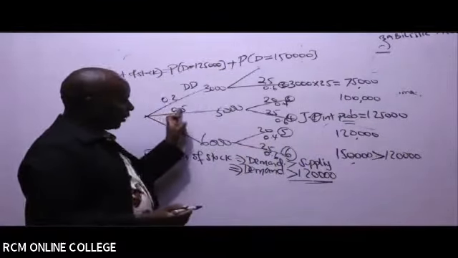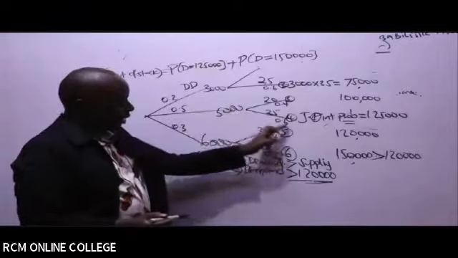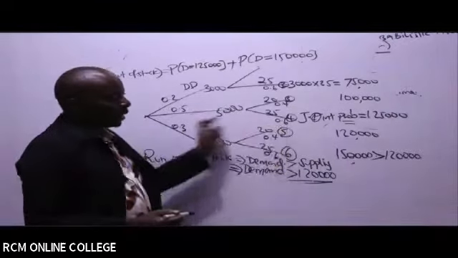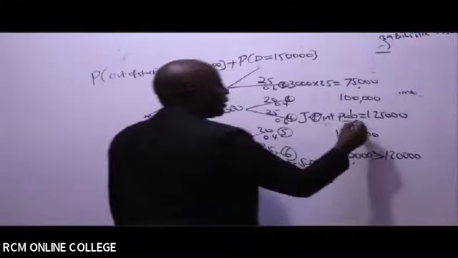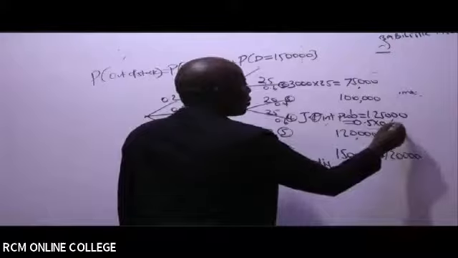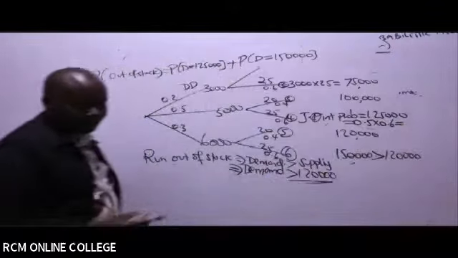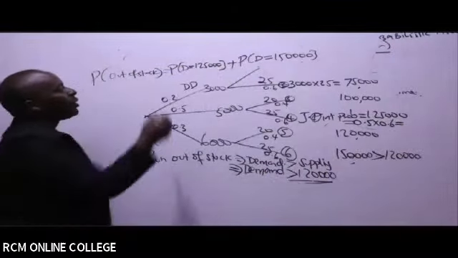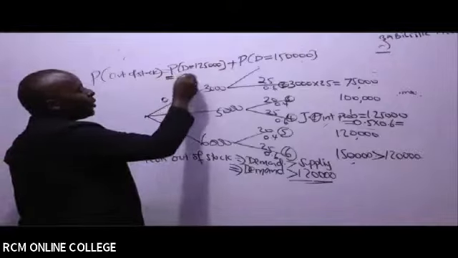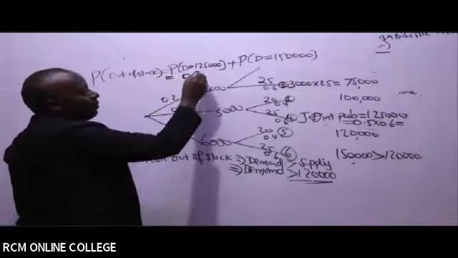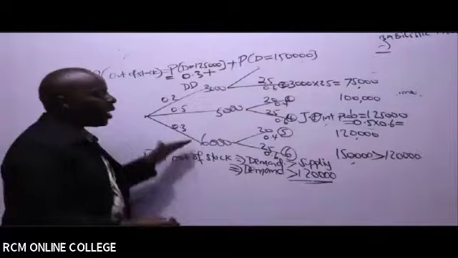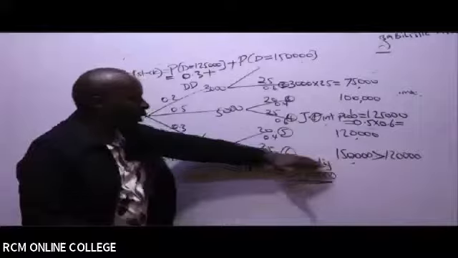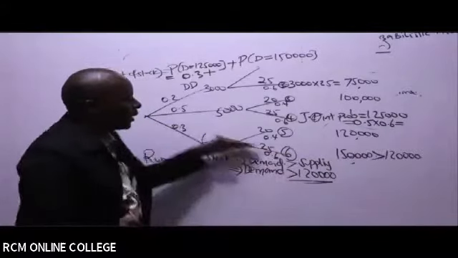So we have here 0.5 and 0.6. You multiply them. So we have 0.5 times 0.6. This ends up giving me 0.3. So the probability of the demand being 125,000 is 0.3, plus the probability of demand being 150. 150 is this one here. So in this case, what is the joint probability?